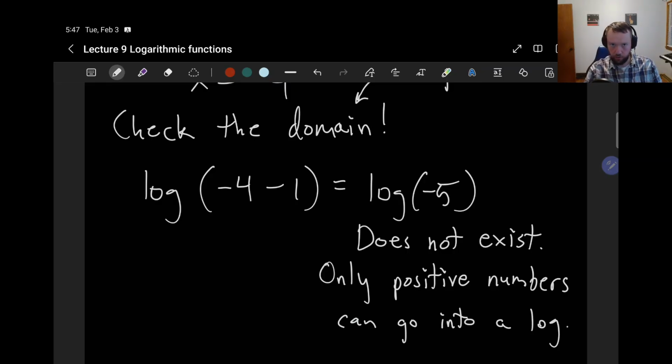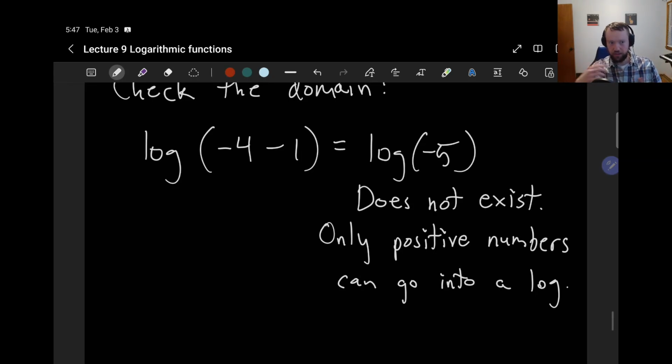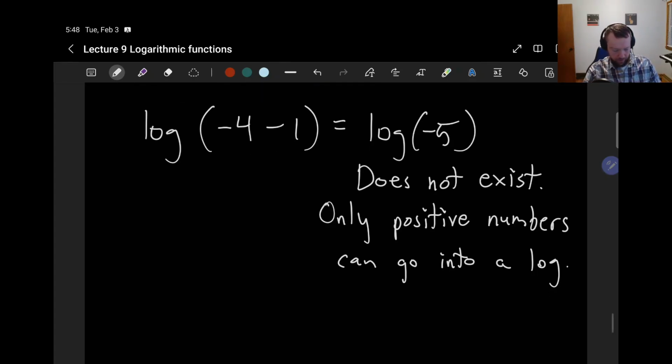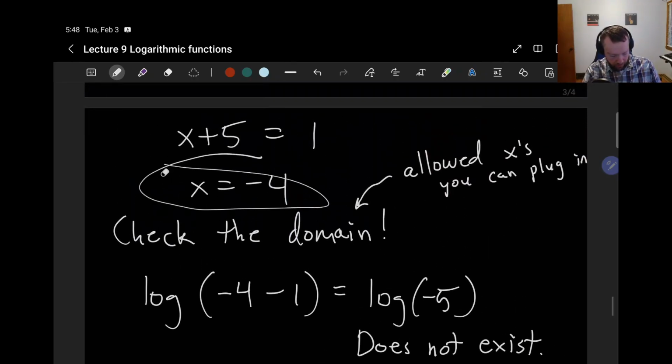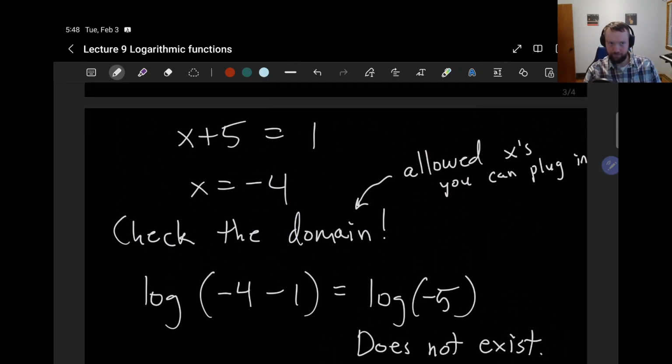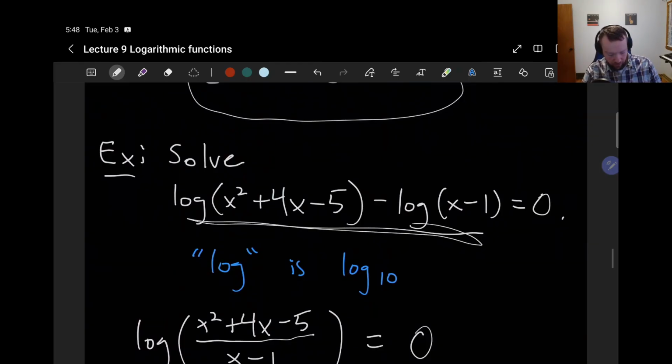And this is true regardless of what base you have. So if this were ln, this would still be a problem. For any type of logarithm, you must plug in only positive numbers. 0 also will fail. What this means is my answer that I got doesn't work because it leaves us with undefined logarithms in the equation.